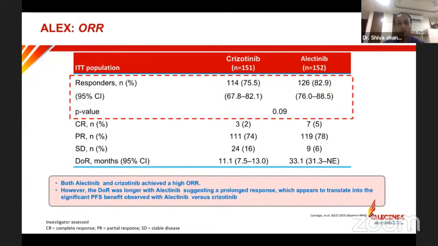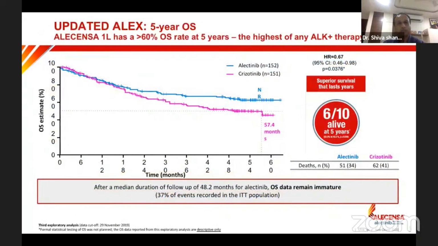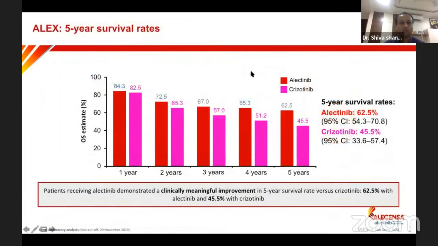So if you look at the response rates, they were almost similar. But the important thing is the depth of response. The depth of response with alectinib is much more compared to crizotinib. More than 75% reduction was seen in almost half of patients compared to 1 in 4 patients with crizotinib. So the updated 5-year OS was immature data. 50% of the OS events had not happened, but it was showing a trend towards improved overall survival with alectinib compared to crizotinib.